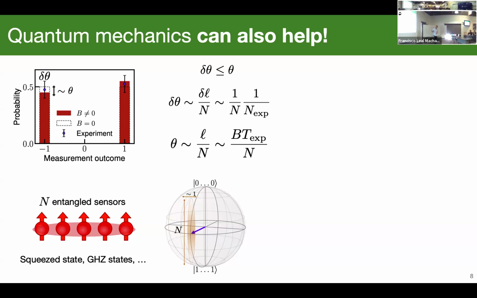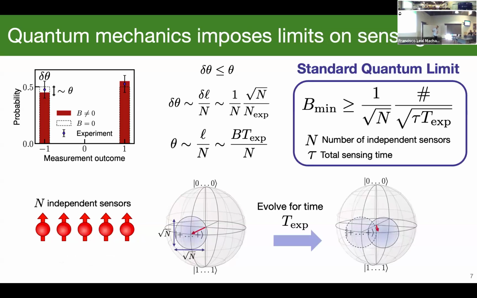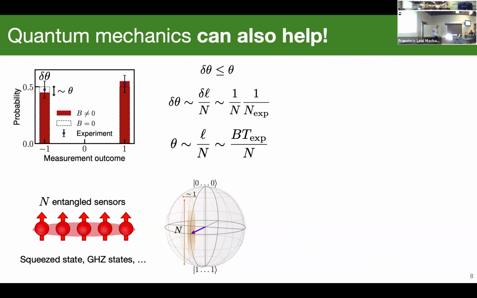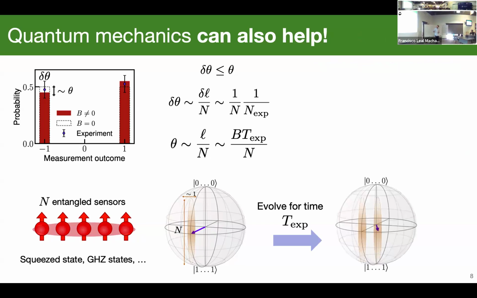And in this case, what changes is that this error in my angle no longer has this square root of n, it's 1 over n, whereas the amount of signal that I collect is still the same. So even just visually you can understand that you're able to distinguish the probability distribution of the end state for much smaller values of n.